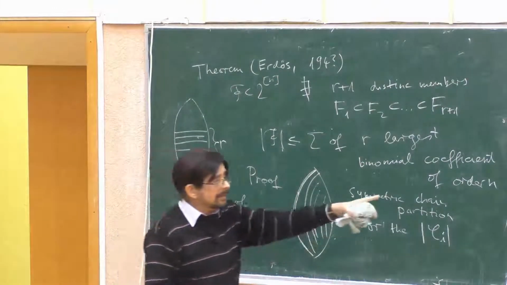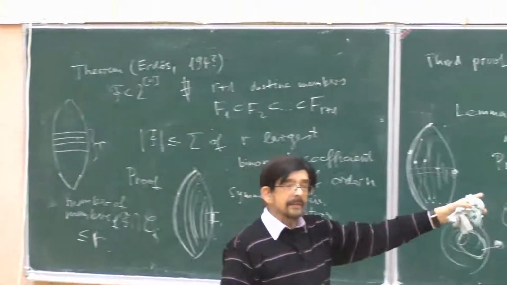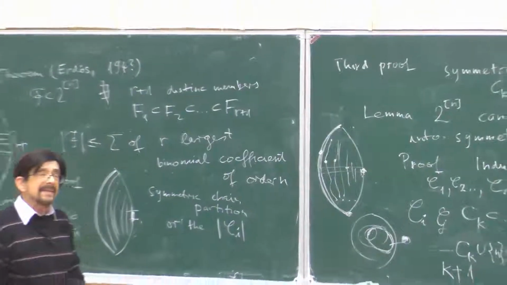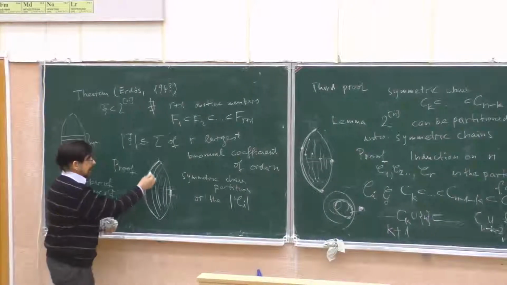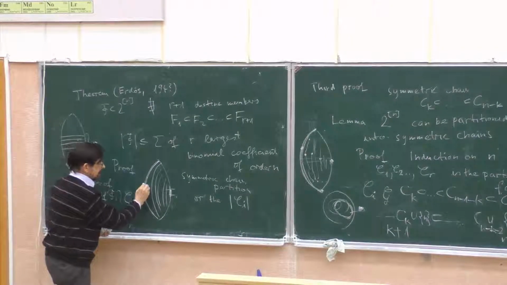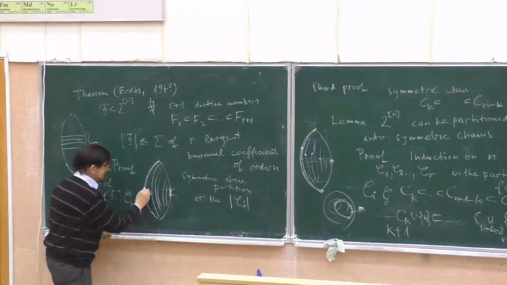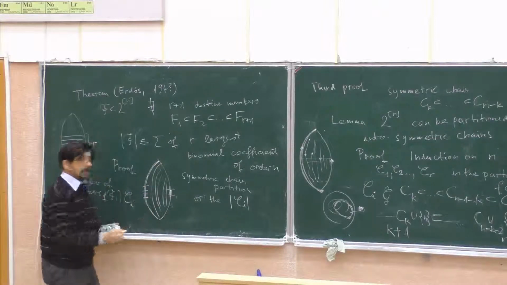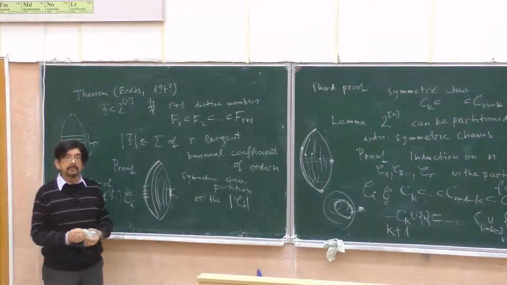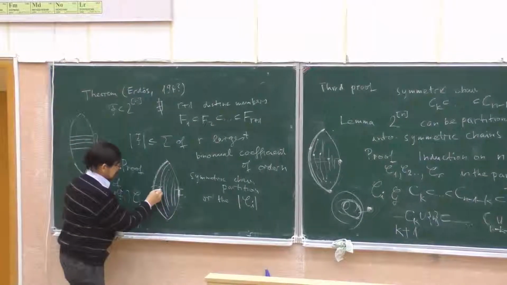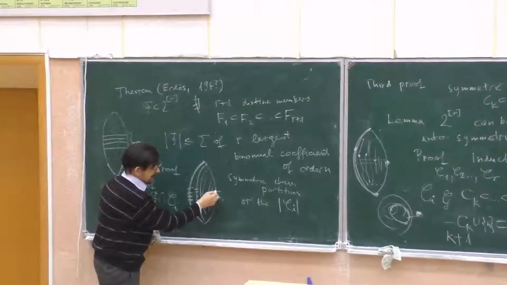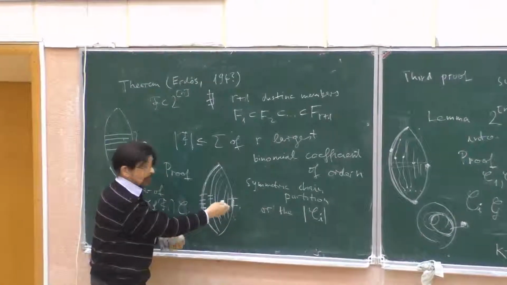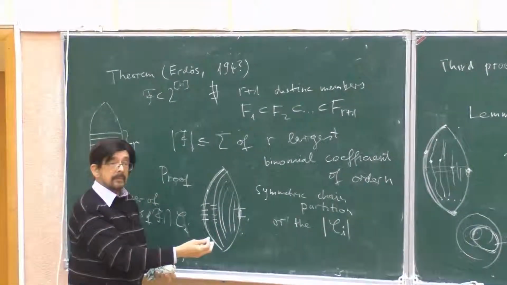Now we could follow this kind of calculation, but it's easier to think in the following way: in every chain, push the elements to the middle. And these ones are already in the middle.